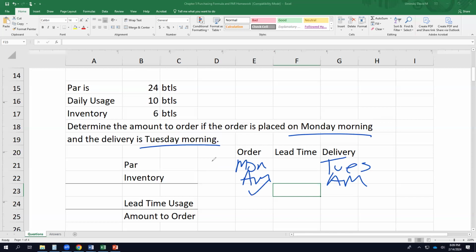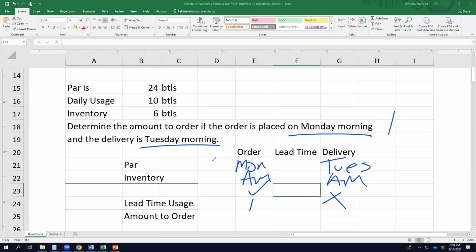Yes, I'm going to be open for business. My order is delivered on Tuesday morning. Am I going to be using it on Tuesday? No, because my order is already going to be here, and when I open on Tuesday, I'm going to be ready to go. So in this case, how many check marks do I have?